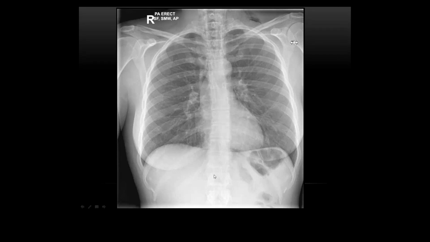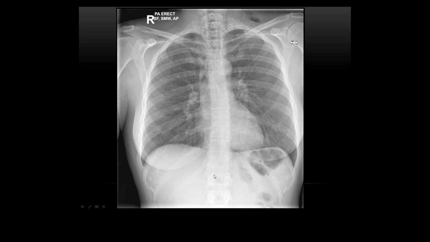Okay, a bit more subtle. So when I was doing the systematic review at the beginning of the session, one of the areas that can be quite helpful in some cases is soft tissues.